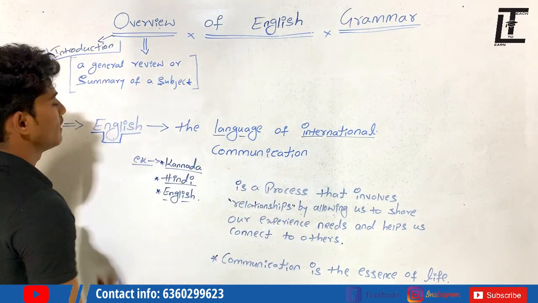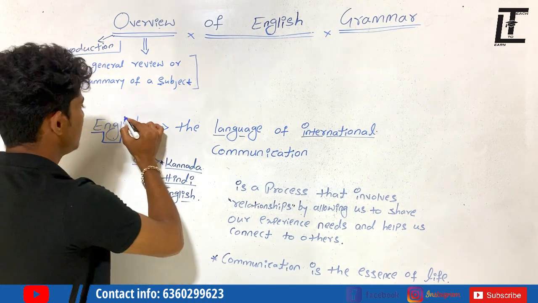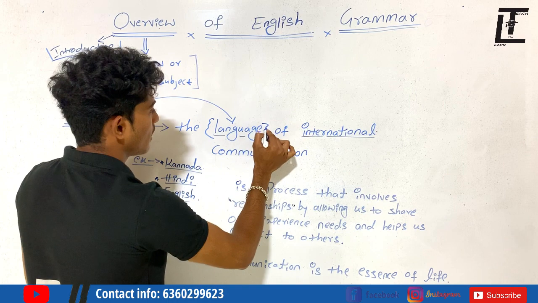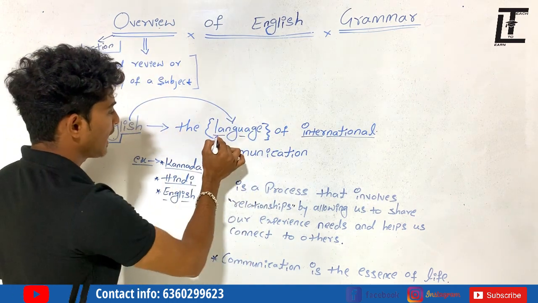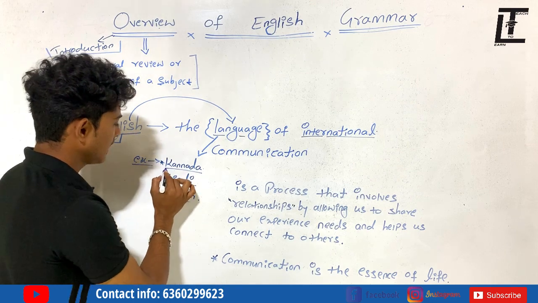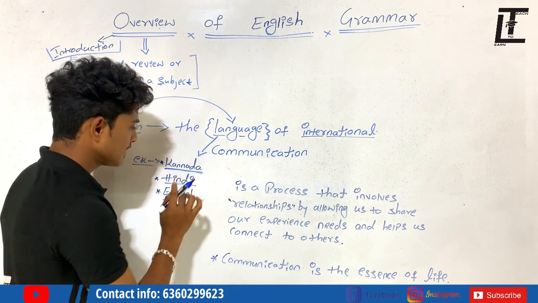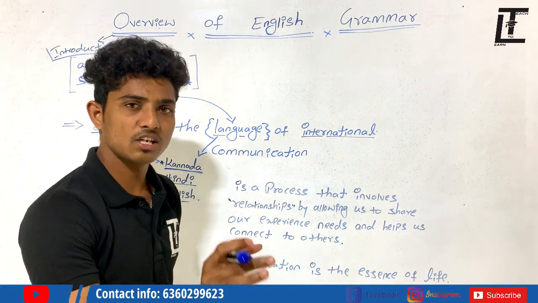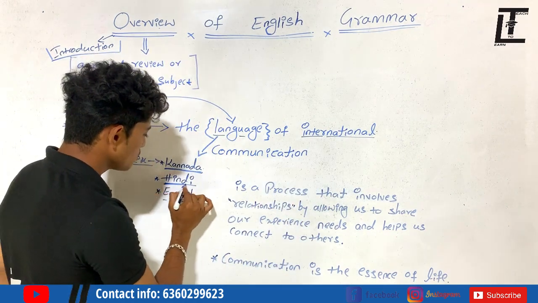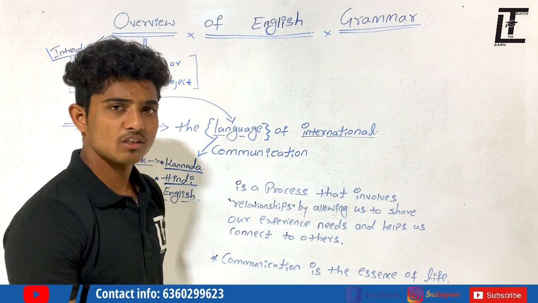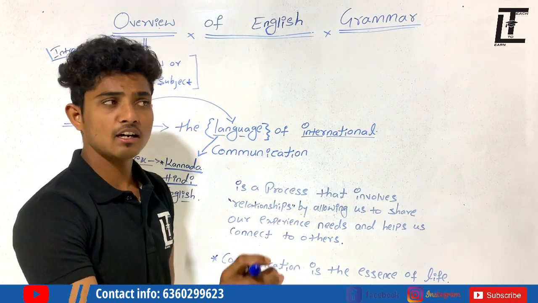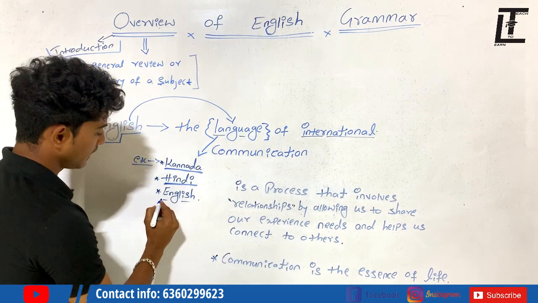Firstly, what is the word here? This is English. English is nothing but a language. Like we have many other languages. For example, I'm gonna take Kannada. Kannada is also a language which is used in the Karnataka region. Now, Hindi is also one of the languages which is used in India, and Hindi is the official language of India.